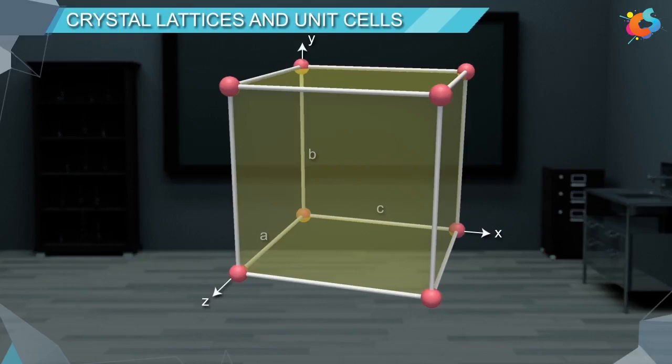In some cases, they are mutually perpendicular, and in some cases, they are inclined to one another. In this unit cell, the angle between the edges B and C is alpha, the angle between edges A and C is beta, and the angle between edges A and B is gamma.